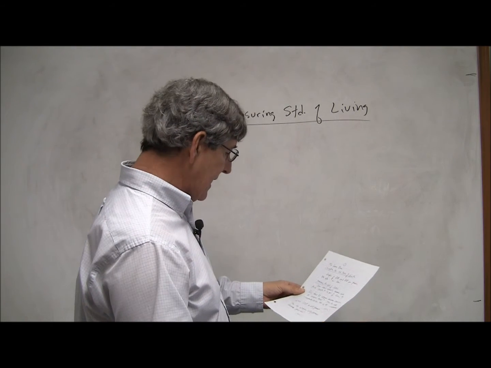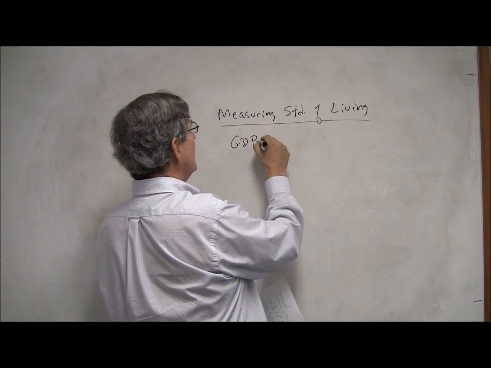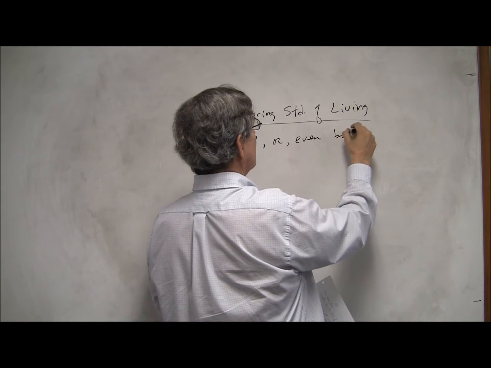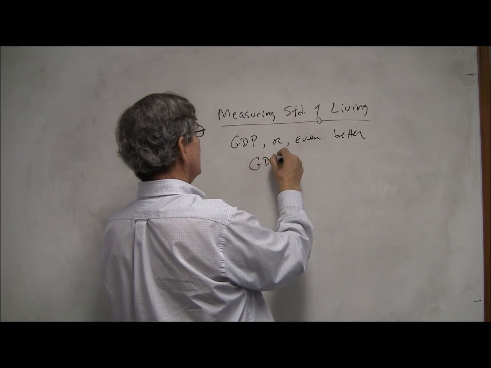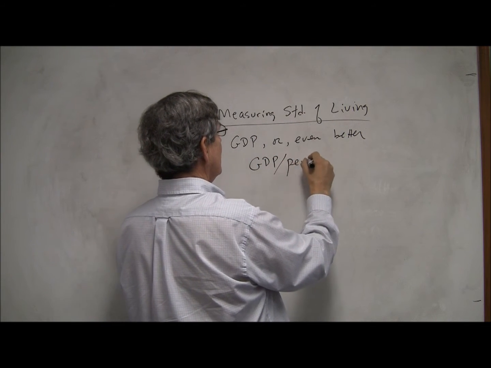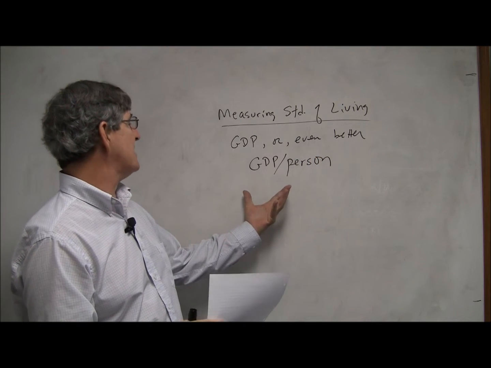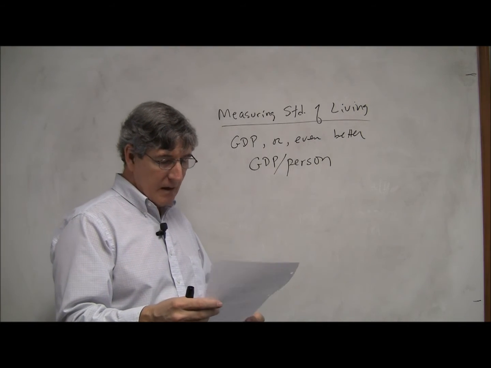Mainly within a country, what you want to use is GDP, or even better, GDP per person. It's sort of a measure about how much stuff there is available for each person to consume.